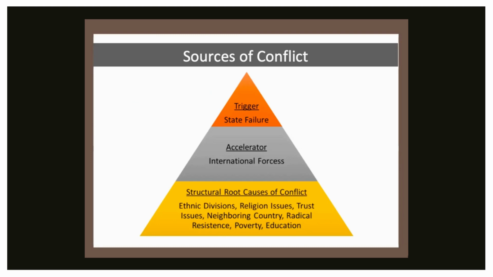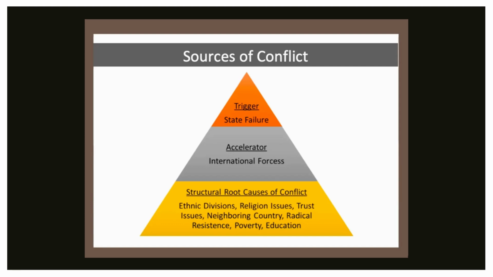The accelerator is the factor that always accelerates the situation. Like in our situation now, distortion of information, hoaxes, the issue of religion, the issue of ethnicity sometimes become the accelerator of conflict.